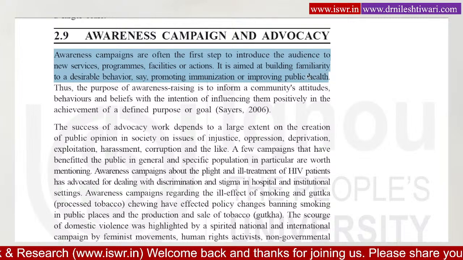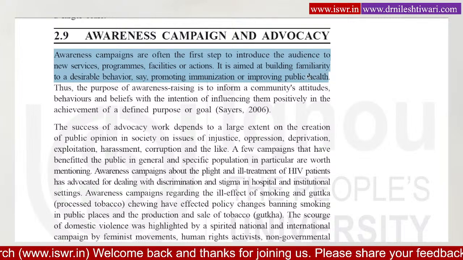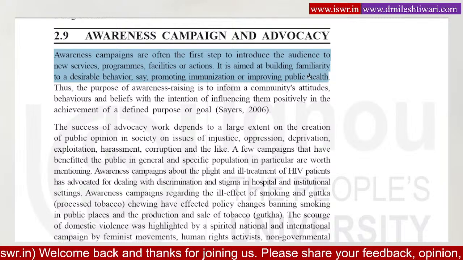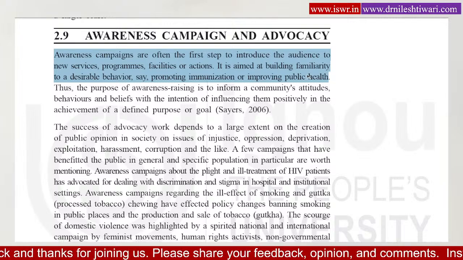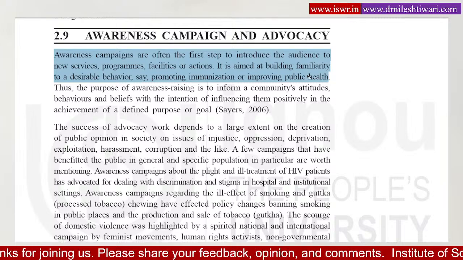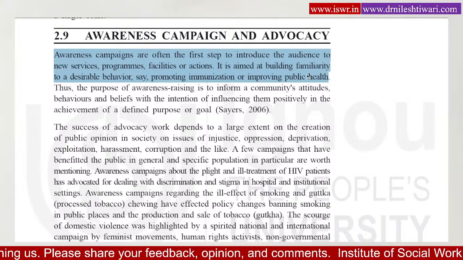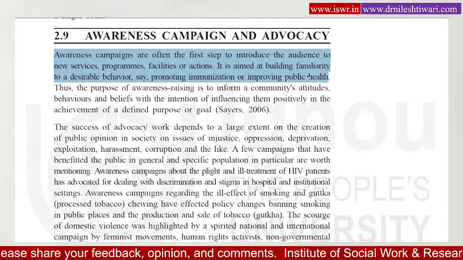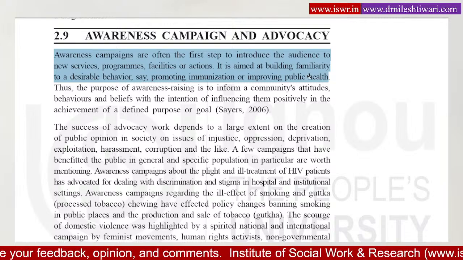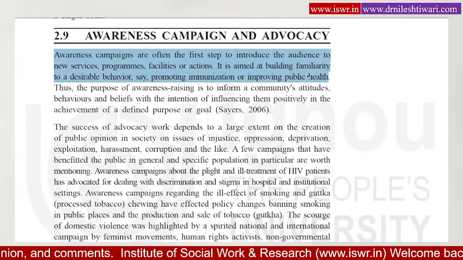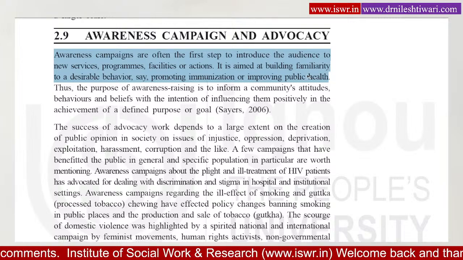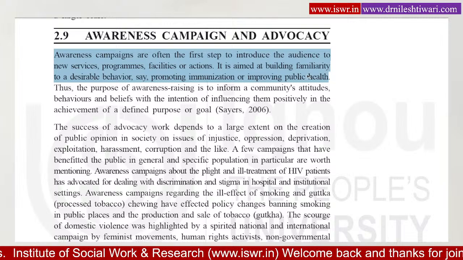For example, if you remember, open defecation, ODF, in village areas. So change in the behavior, 100% immunization among the children.